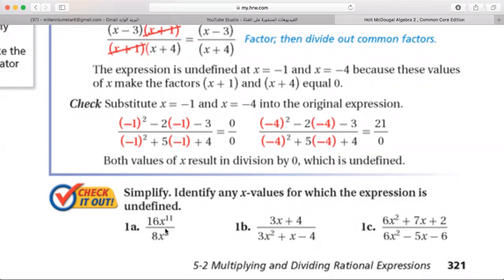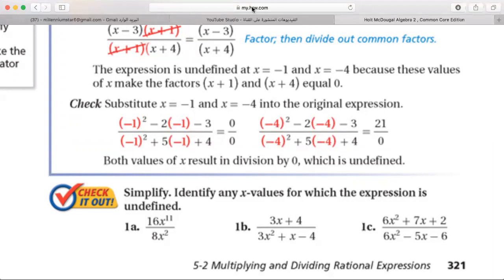So it will be x to the power 11 minus 2, so it will be x to the power 9. What about 16 over 8? When I simplify it, it will be 2.